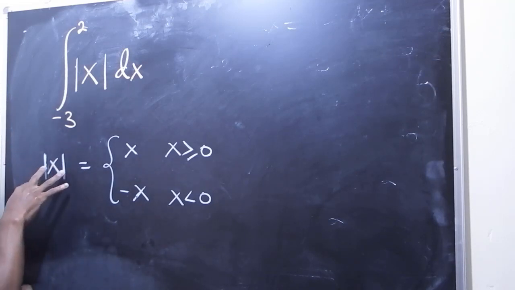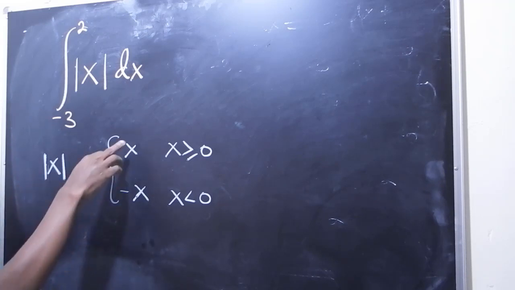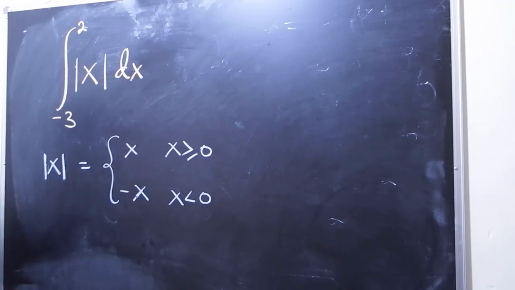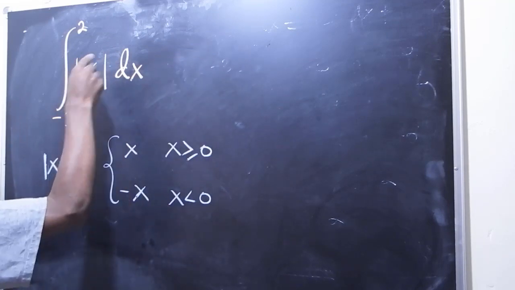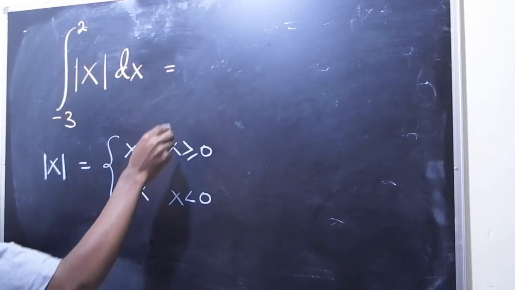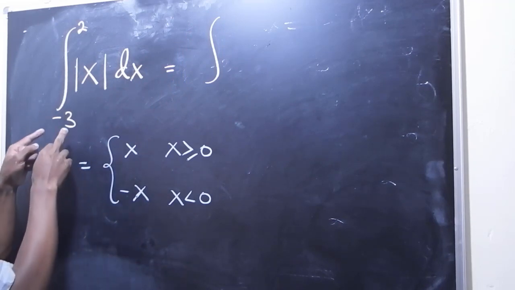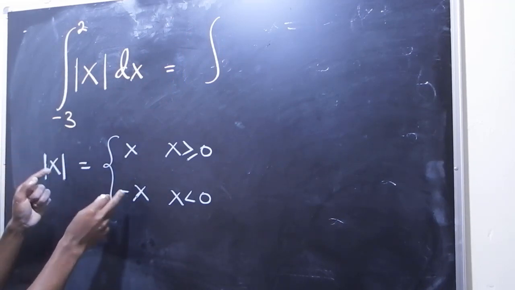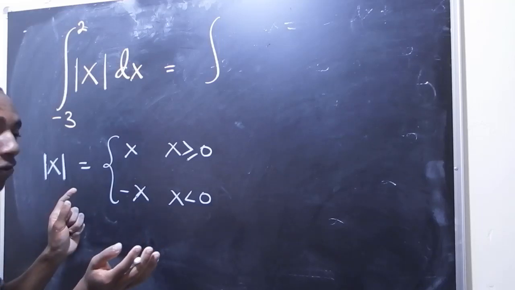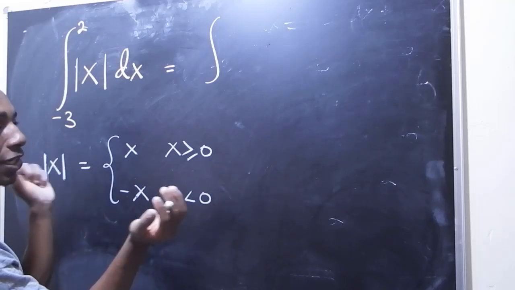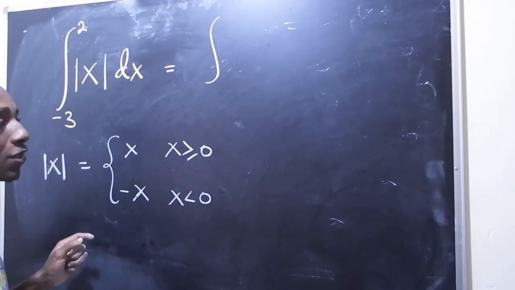So I've now written my function, the absolute value of x, as a piecewise function, and this is really important for the integration part of it. Now let's continue to do the integration. So this is going to be, all right, the integral. Now remember, these are two parts. There is a part from -3 to 0 because the function is defined differently for x less than 0 and for x greater than 0.